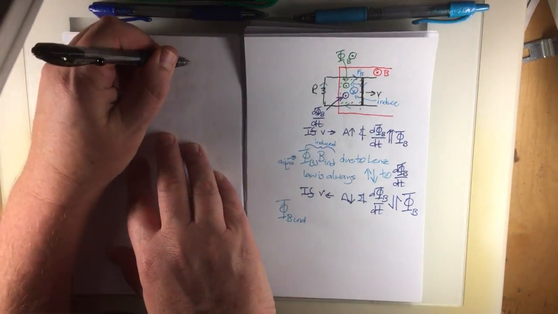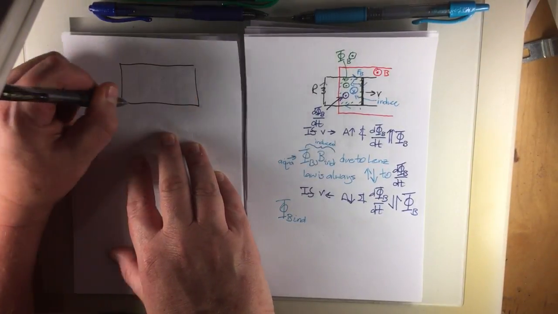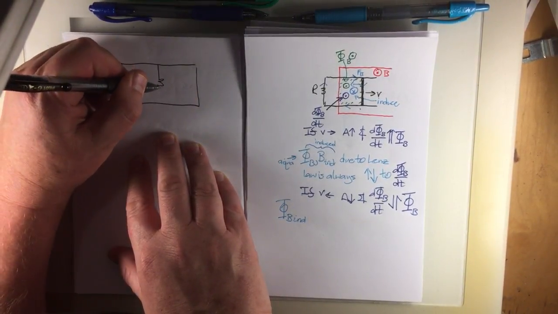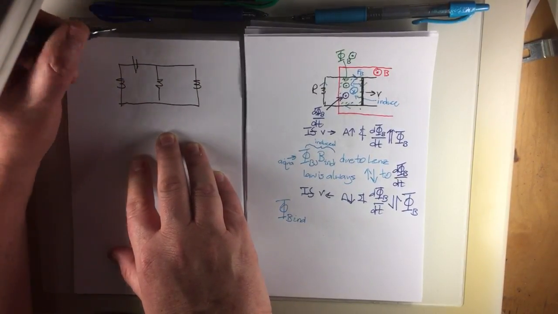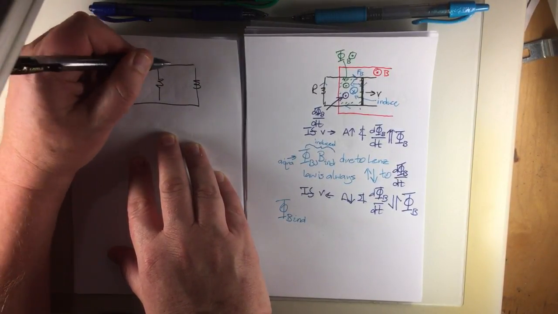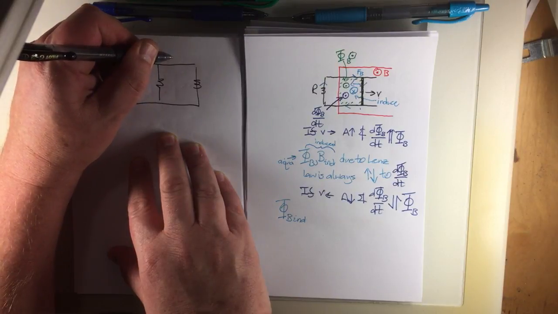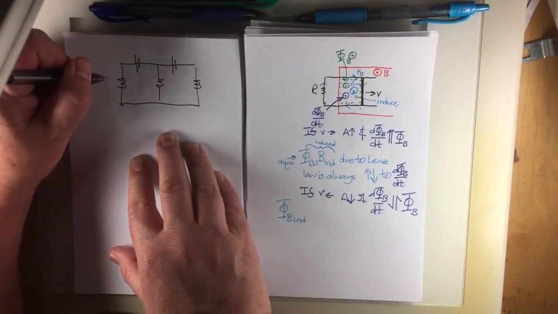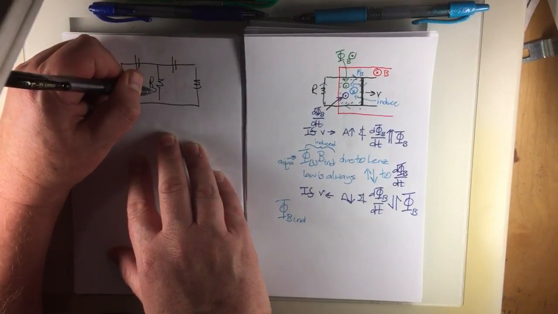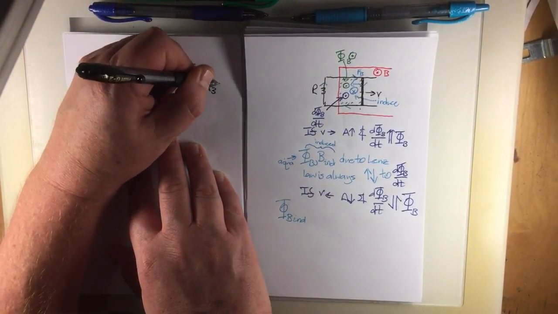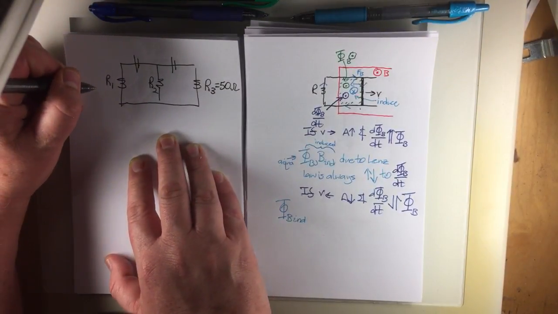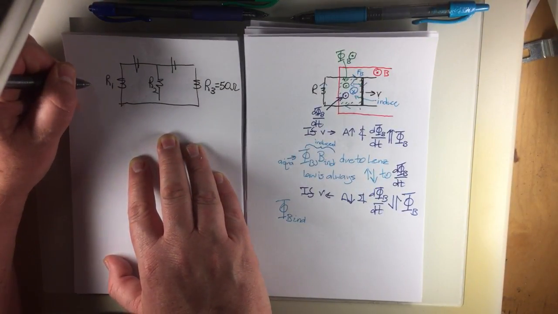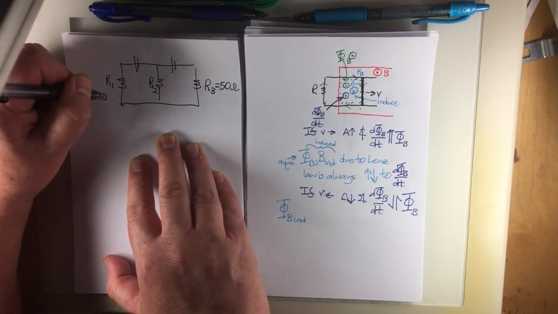Now, Kirchhoff's law. The brute force Kirchhoff's law typically is, I want to set this up so that R1, R2, R3. R3 is 50 ohms. R1 will be 40 ohms.